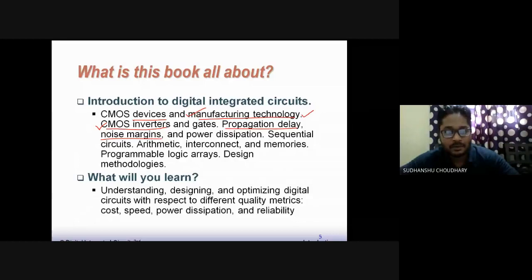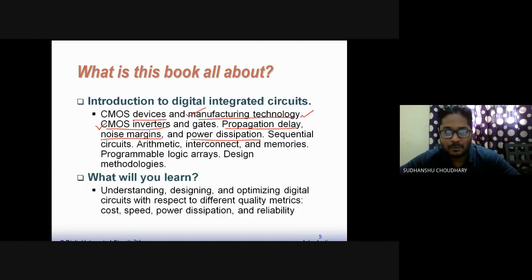What is noise margin, its importance, and how to calculate the noise margin for this basic gate, that is, the CMOS inverter. And as I said, once you learn how to calculate propagation delay, noise margins, or maybe power dissipation, similar analysis can be transferred to any gate or any other complex logic function.